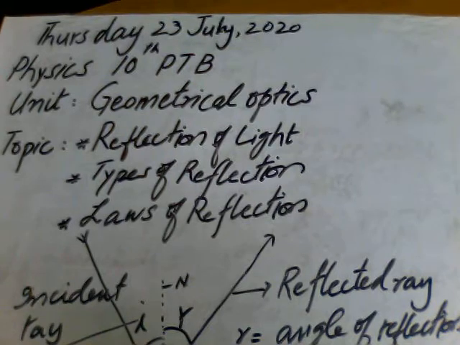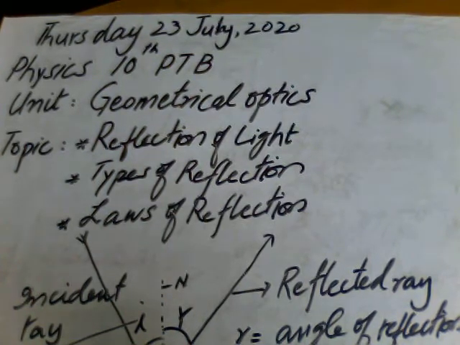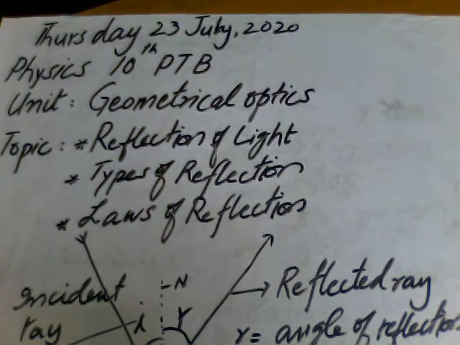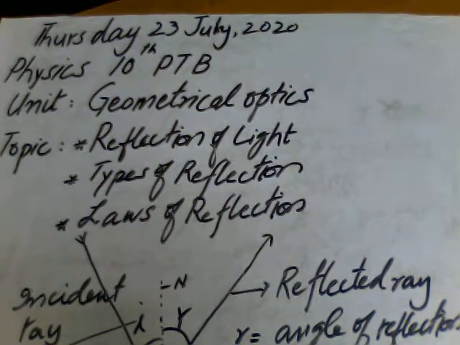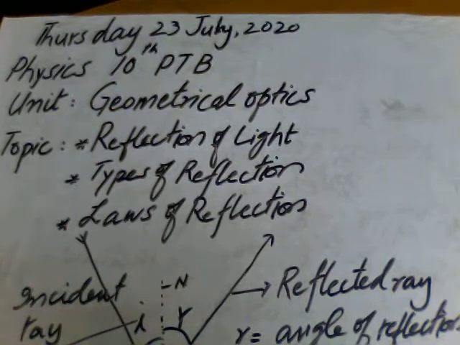Moreover, in this chapter, we will study different phenomena of light, like reflection, refraction, total internal reflection, and then we study about spherical mirrors and spherical lenses and their behavior about the light.